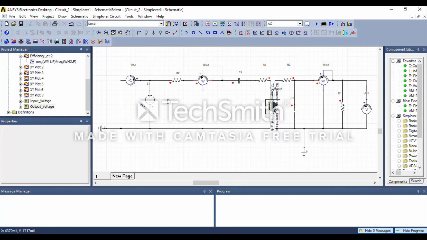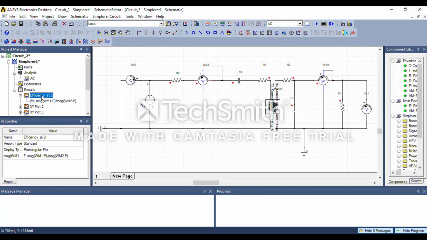Then as you can see in the project manager window, we have carried out an AC type of analysis of this complete Simplorer schematic, and we have got some results. We have taken the intrinsic resistance of the coil as 2 ohm. It just depends on us. We can modify it and see the results for various values of R3 and R4.